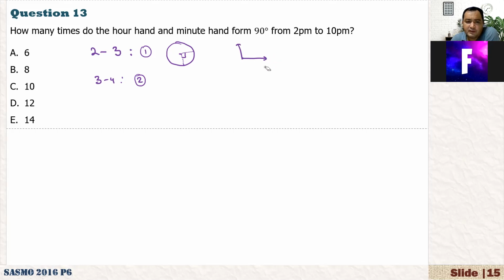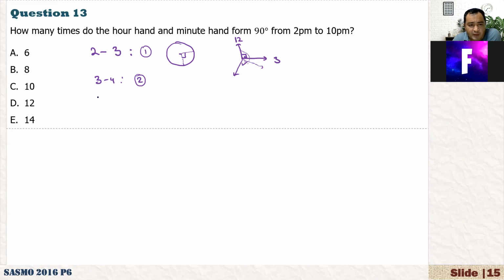When it is 3, this one is 12, and this one is 90 degrees. Now it is moving, and it comes somewhere here. Again, this is also moving, and it forms 90 degrees one more time. Do you understand? So between 3 and 4, it shows 90 degrees 2 times.